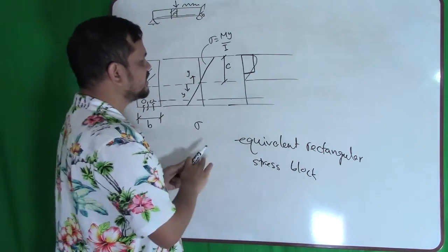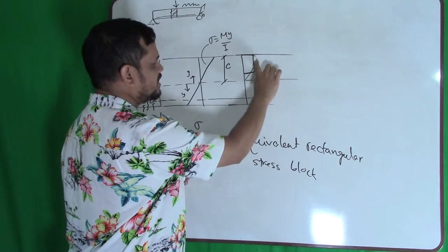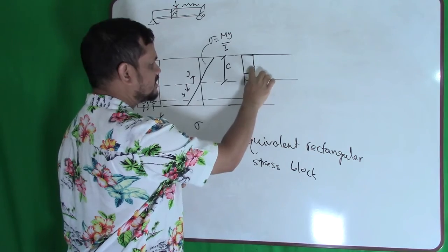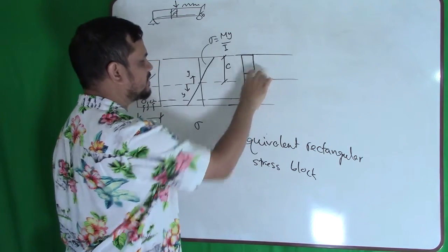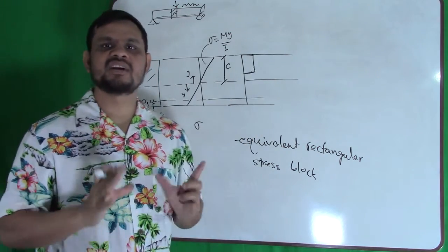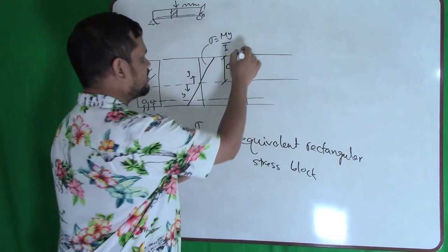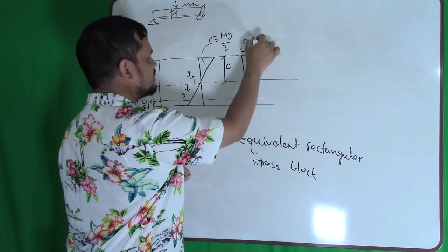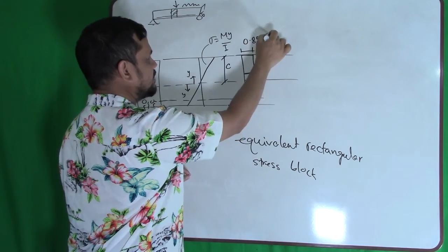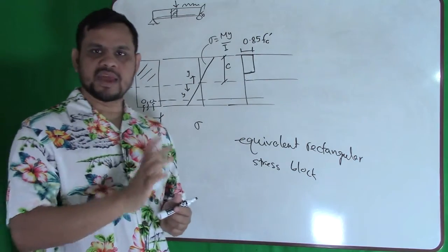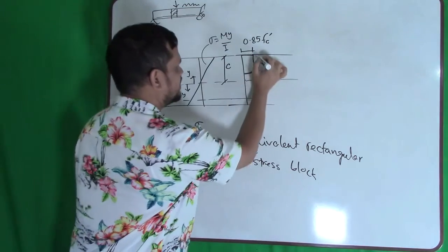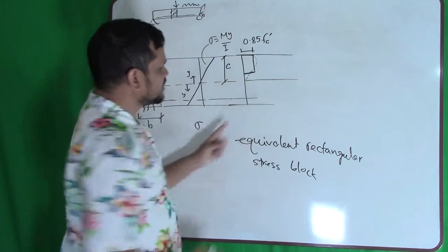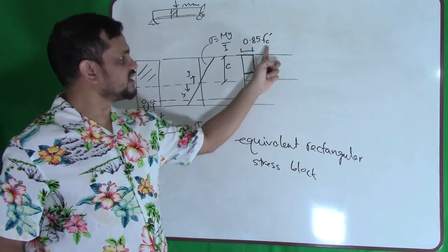Yes. So then this one is no longer valid. My stress is now rectangular. And what will be the depth? This depth will be 0.85 f'c. I deleted that max portion. If I show you again, the max value is f'c.